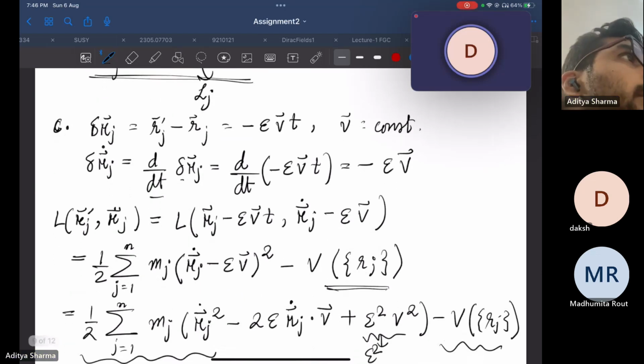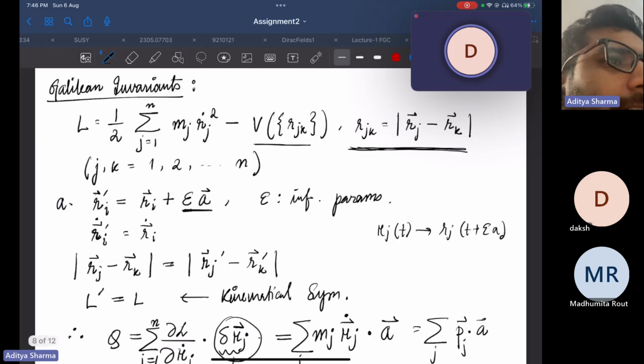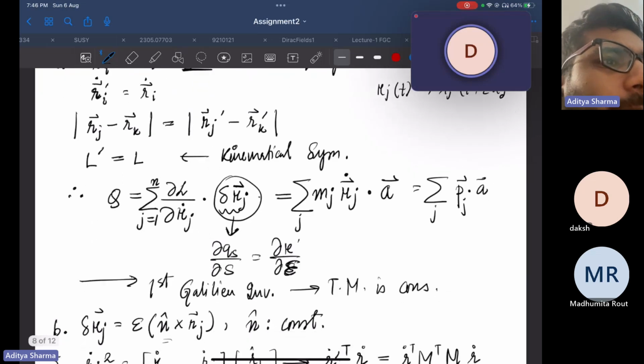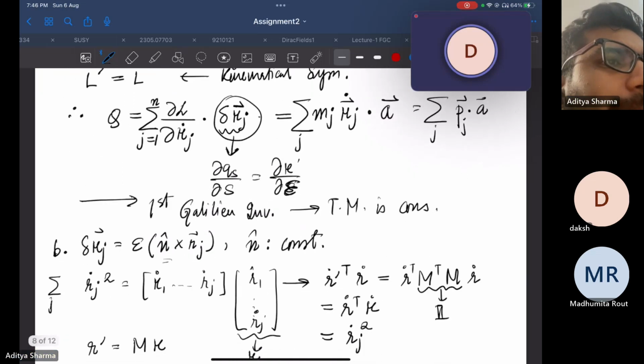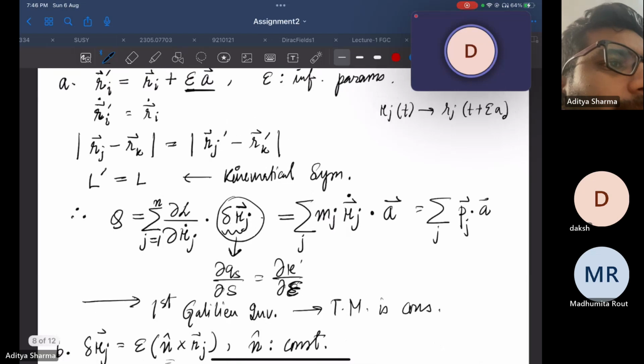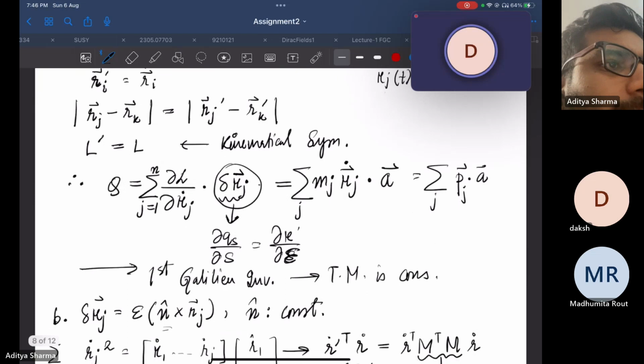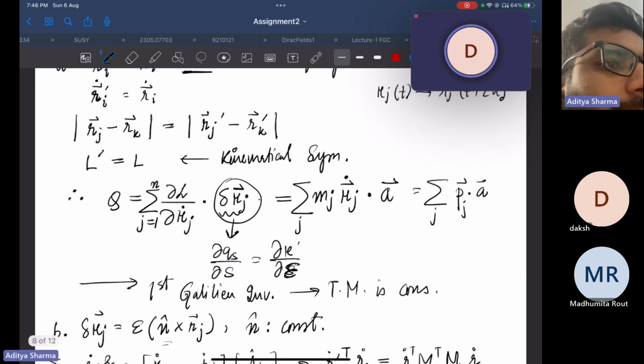From the books which I'm doing or which I had done, this delta R always has this epsilon. So that is why I want to fix this thing right now, so that later on you don't have trouble.